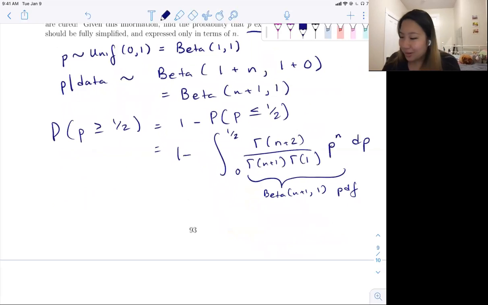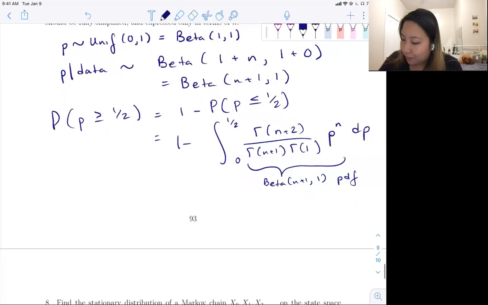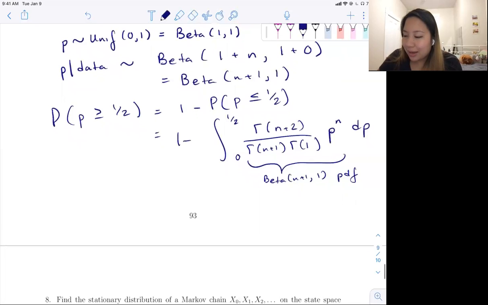Okay, so we can compute this because n is an integer. We also know that this divided by this is just going to end up being n plus 1, from one of our fun facts about gammas.